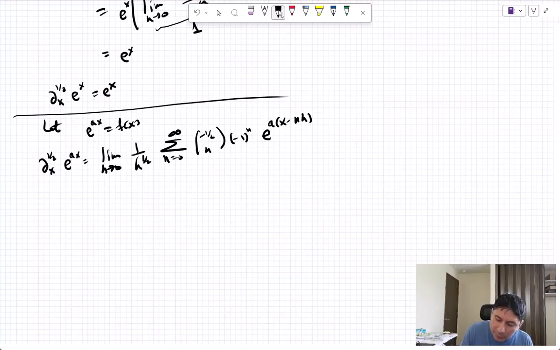And once again, what we're seeing here is that we can pull out this term from the sum and the limit because it's independent of h and n, right?